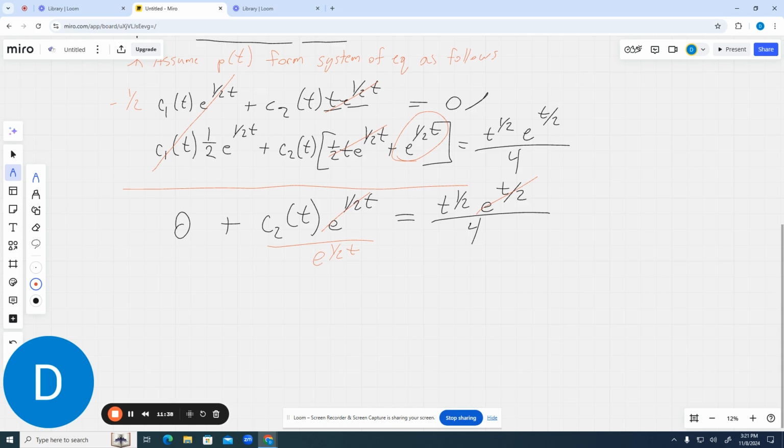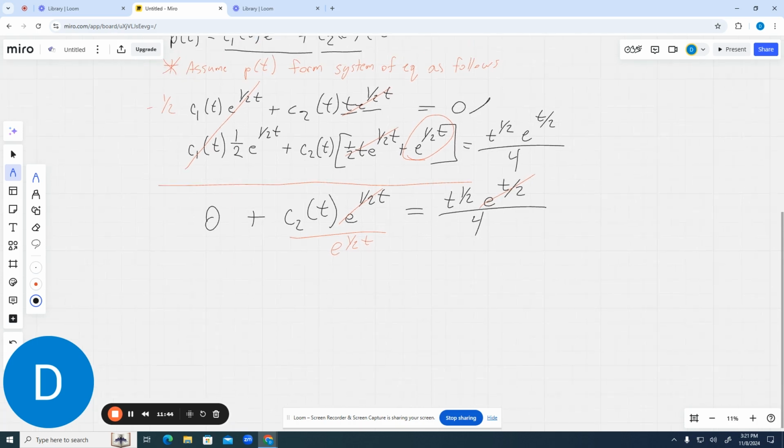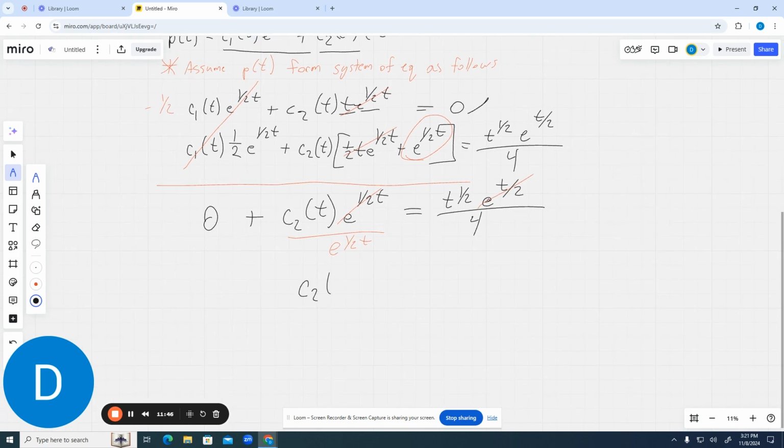Because this is e to the 1/2 t, same thing. So that just makes it a little bit simpler, and you're left with C2 of t. Well, okay, I missed this part, but C2 of t equals t to the 1/2 over 4.